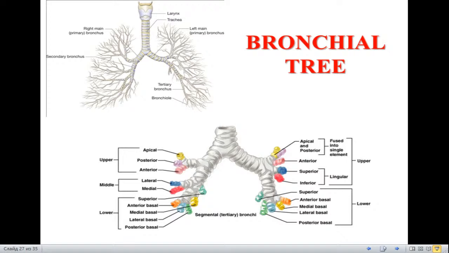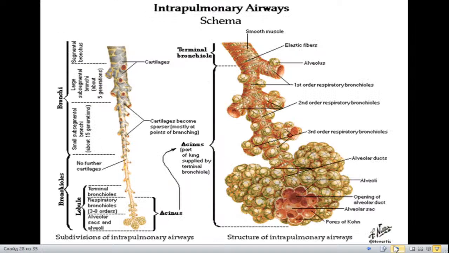After this, the segmental bronchus, here you can see, divides into the subsegmental bronchi for approximately 5 generations. They divide dichotomically.